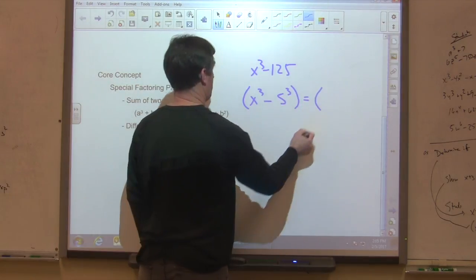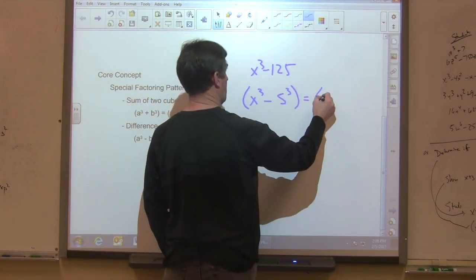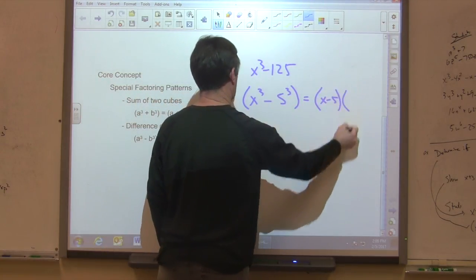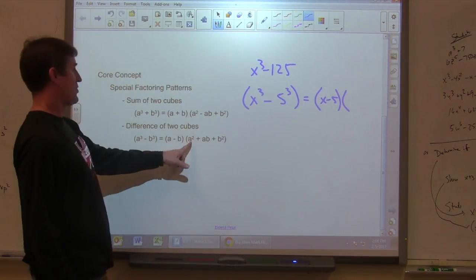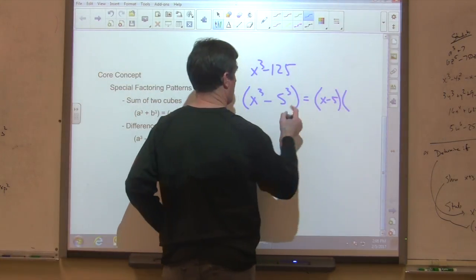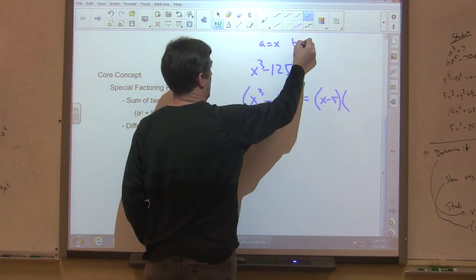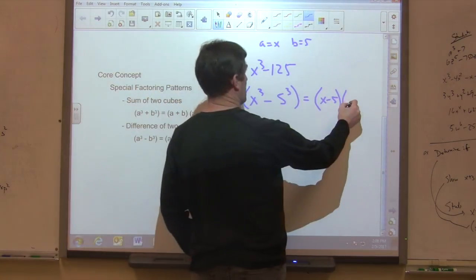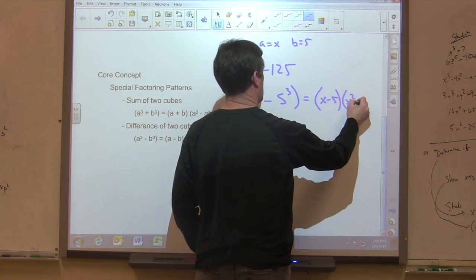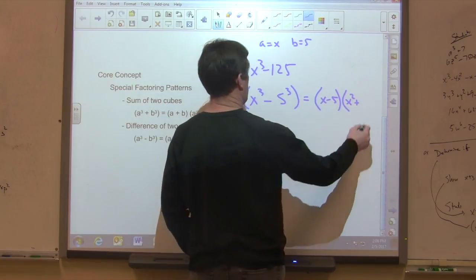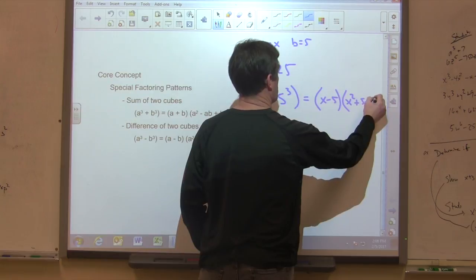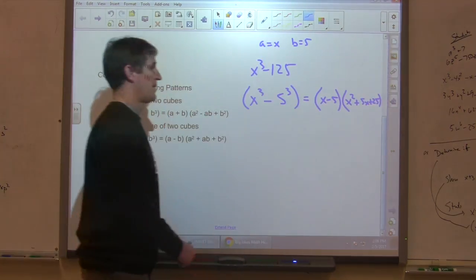So that would become a minus b, so x minus 5. And then a squared, so in this case our a is x and our b is 5. And so a squared would be x squared and then plus ab, so 5x, plus b squared, which is 25, and we're done.